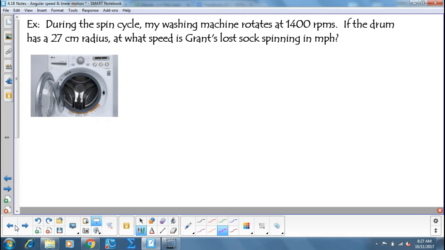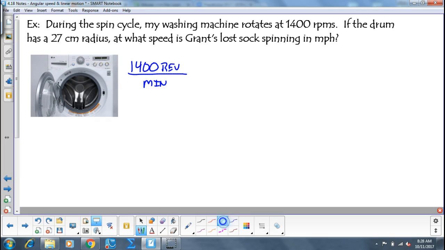Alright, so spinning at 1400 revolutions per minute. We want miles per hour. Do you want to do the revolutions first, or the time first? Time first.